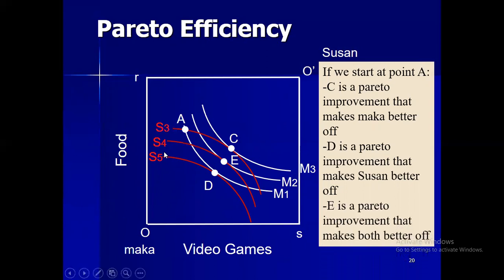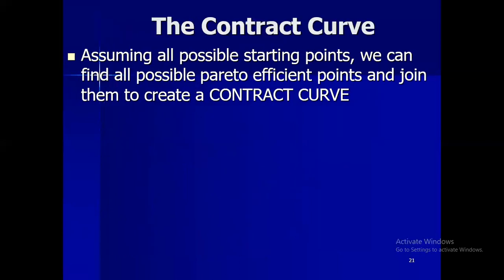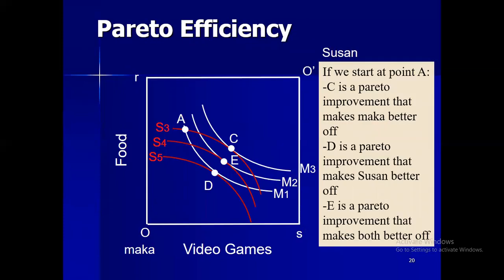E is a point that makes both better off. This is again farther from the origin. The E point is a mutual Pareto improvement for both of the parties.